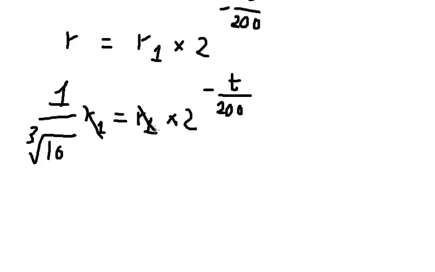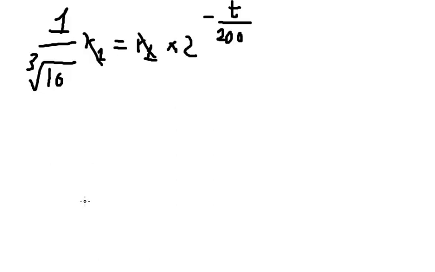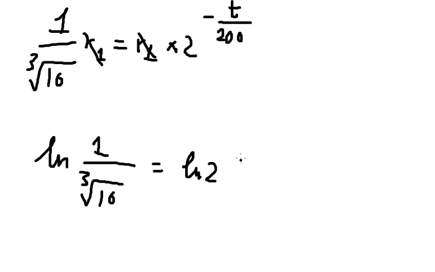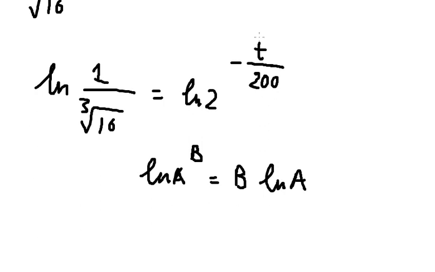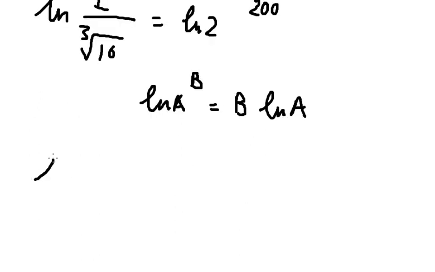So we have r number 1, and we cancel it on both sides. Later we put the natural log on both sides. So we have the formula in here. We need to transform this one into this one, so we have it like this.